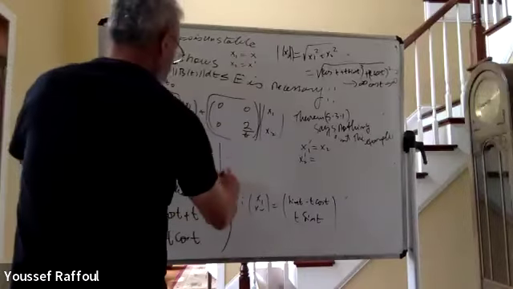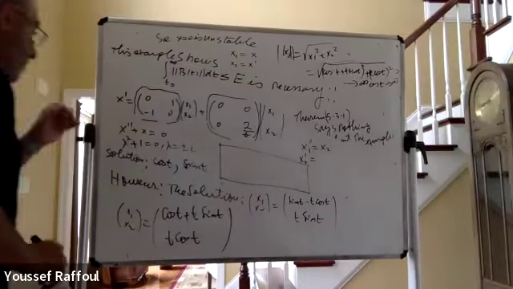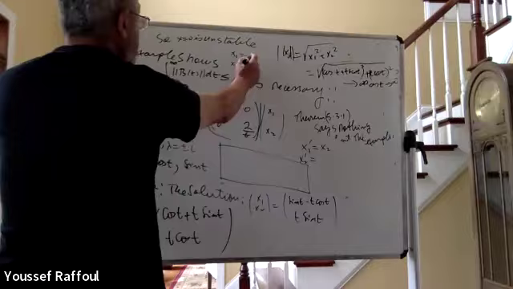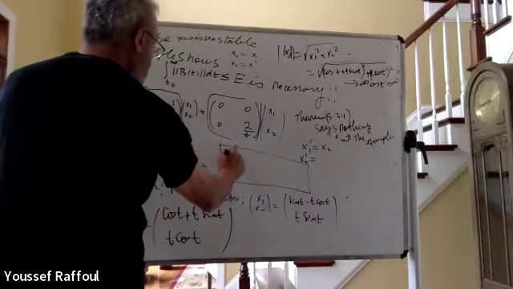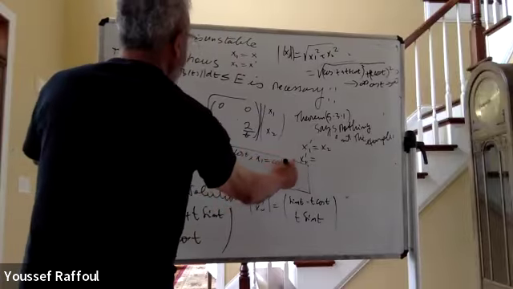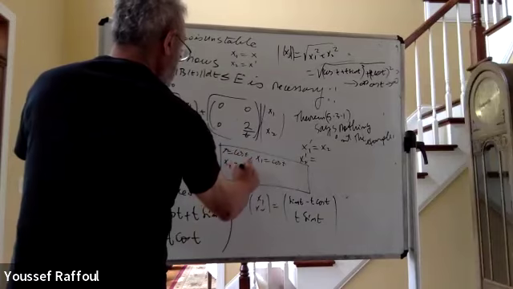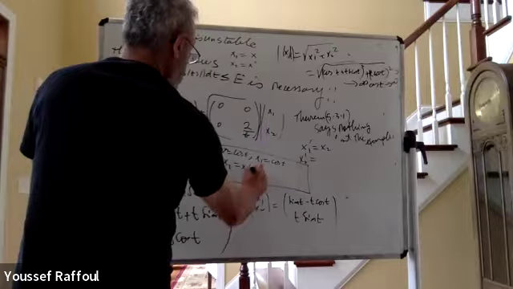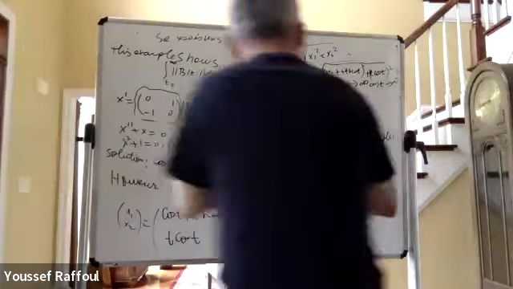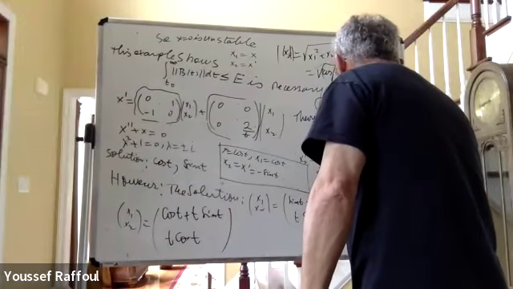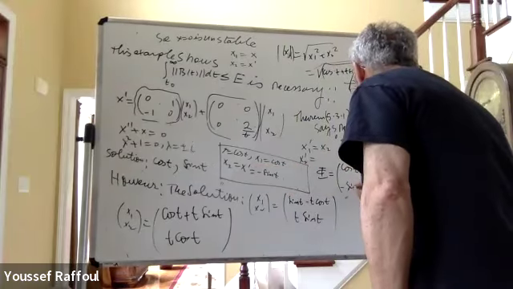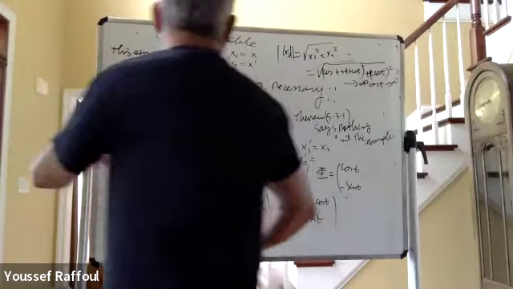So when x equals cosine t, that means x1 is cosine t and x2 equals x prime, that is minus sine t. So phi is cosine t, minus sine t.